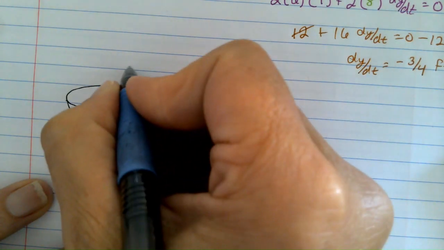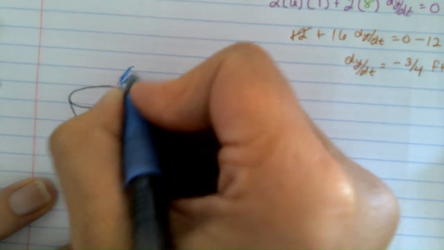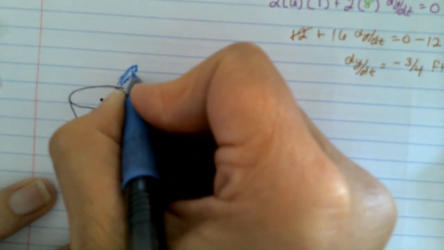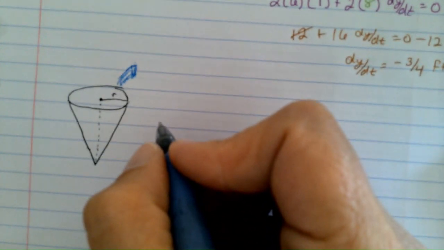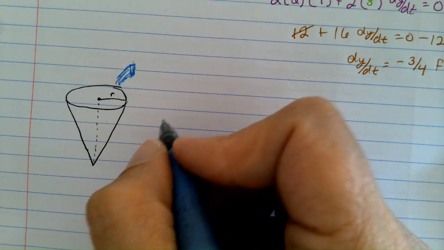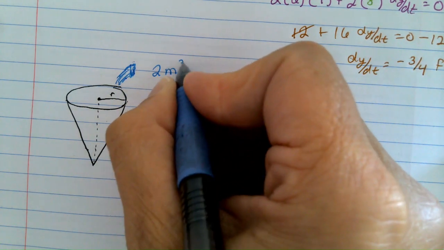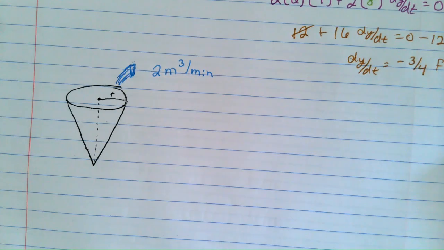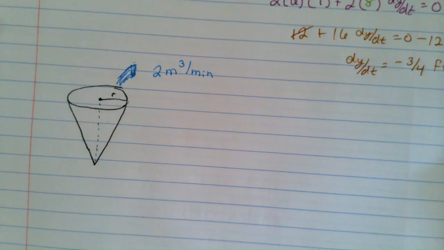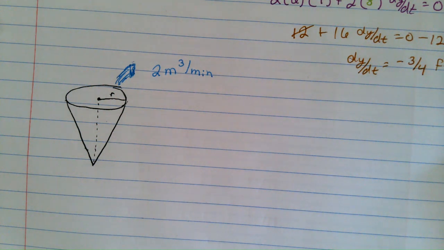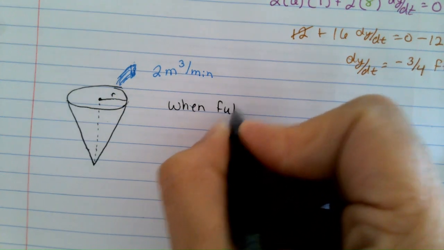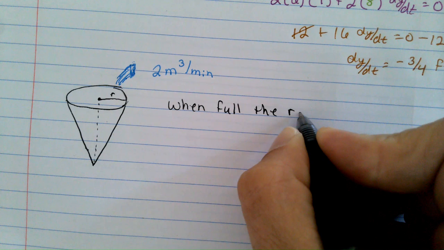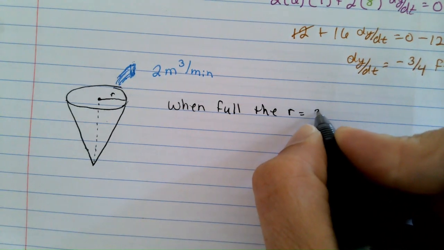Water is being pumped in. Okay, so we have water pumping in. I'm not going to draw a faucet. You guys can get the idea there. At a rate of 2 cubic meters per minute. Okay. When full, the radius would equal 2 meters.